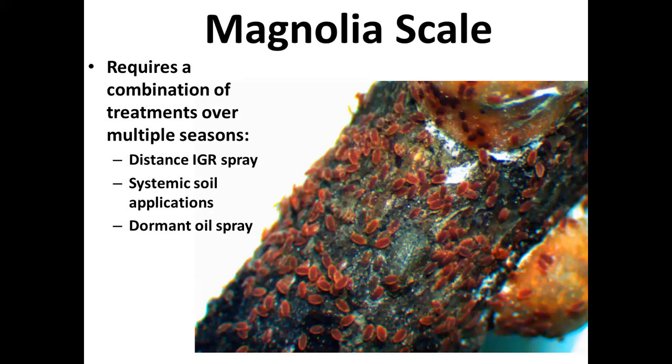So when the crawlers emerge in August at 2000 degree days, then we go out and hit them with this Proxite spray. It's a growth regulator. It keeps them from developing into their full maturity. So they just stop their activity, and it works really well on them. The reason we use that is it reduces off-target damage. A general insecticide could kill any other insect that shows up there.